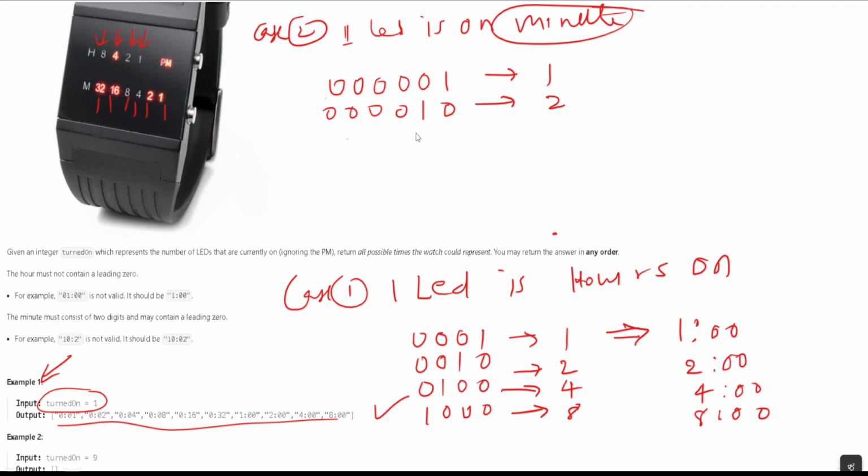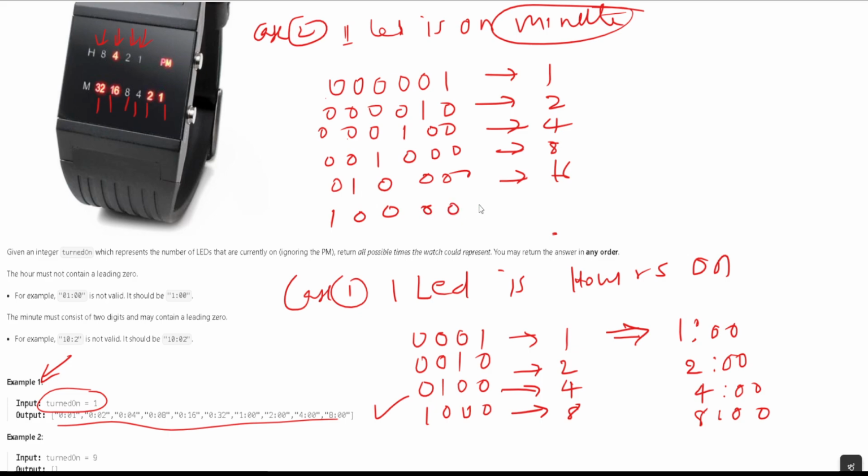So this gives you 1, this gives you 2. To represent the 4, it will turn on this one, with the rest 0. Then it becomes 8 with this one on, the rest 0. Then this one, the rest 0, becomes 16, and then this one, which is 32. So like this, we have all these minutes that are valid.